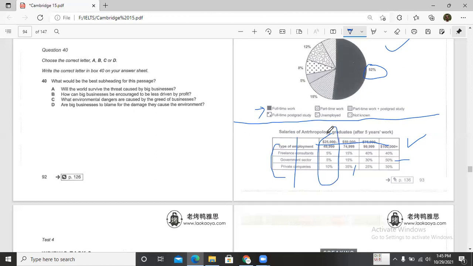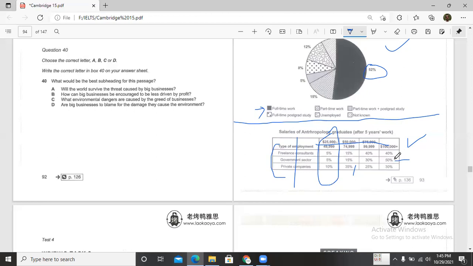A lesser number of graduates joined freelancing, government sector and private companies for the lower salary, and for the higher salary the number of graduates was higher, but it was higher in the government sector and way lower in the private companies.